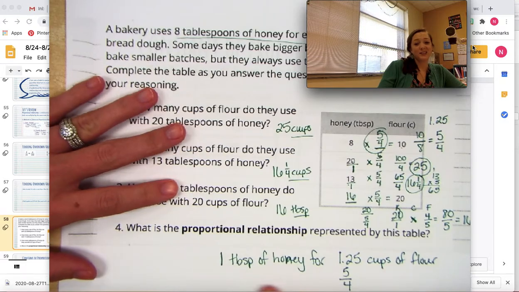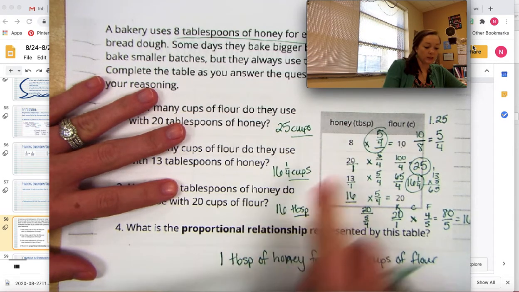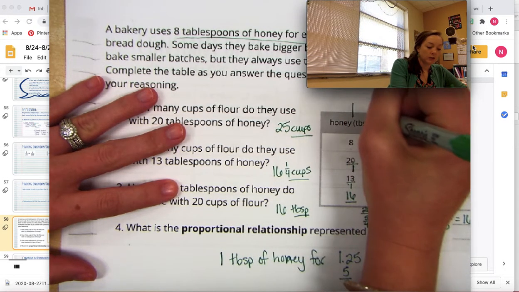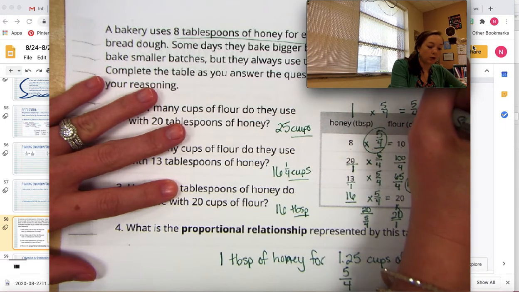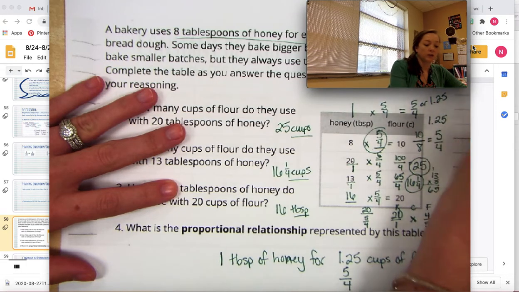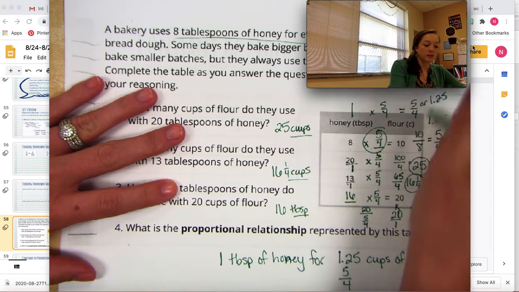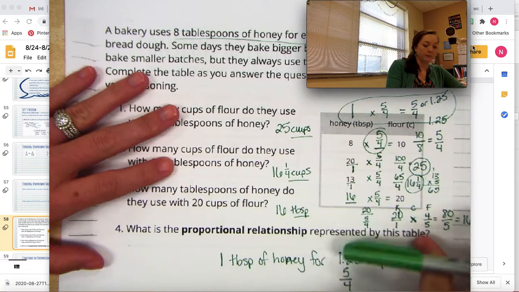And essentially, guys, this is the unit rate because 1 tablespoon of honey times 5/4 gives us 5/4 or 1.25 cups of flour. Okay, so that's our unit rate, the amount for 1.